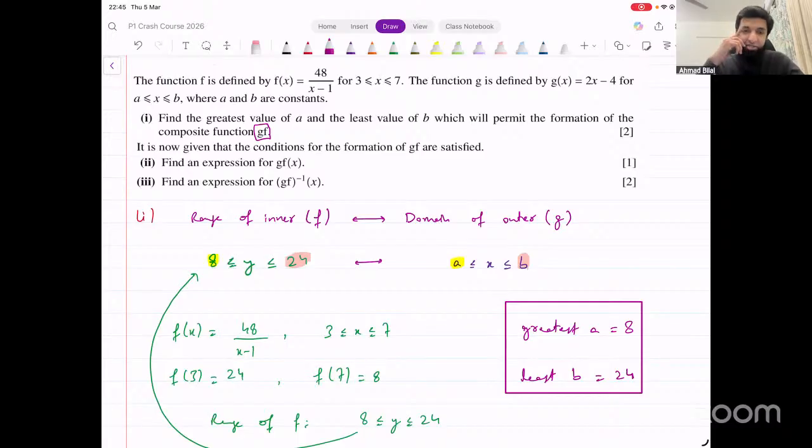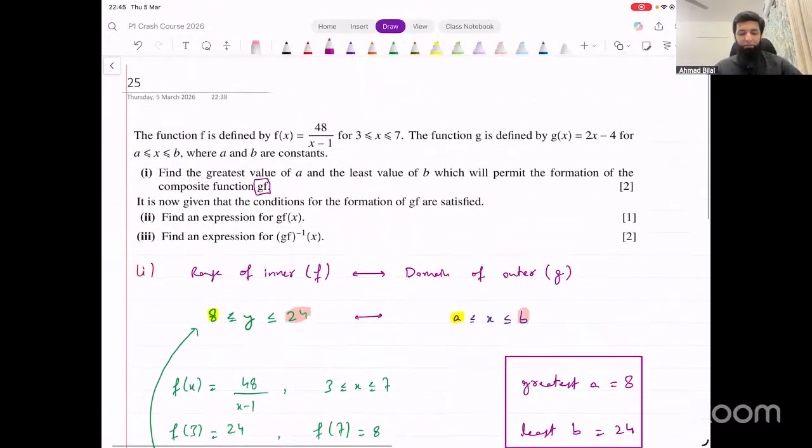Functions is the most difficult topic of paper one, especially transformations questions when they come with trigonometry. Sometimes they tend to be quite complicated. So it does require a lot of practice.